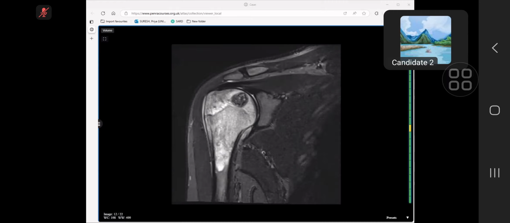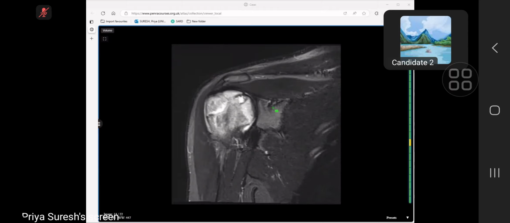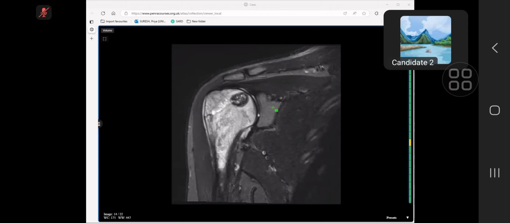Most likely the fuzzy fat planes which I was seeing on the shoulder radiograph were due to this edematous change, and the primary lesion is in the epiphysis. It is very well defined. It has a narrow zone of transition and some internal hyperintense foci. It has some foci of sclerosis within it as well. It is located in the epiphysis.